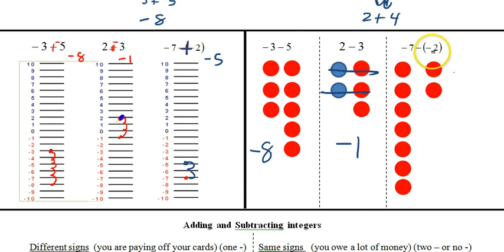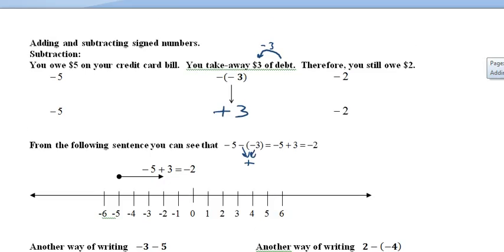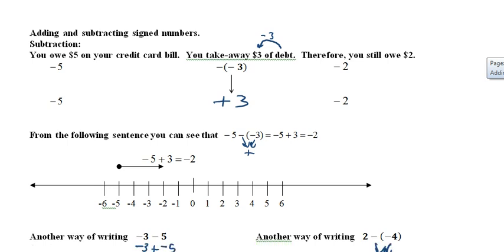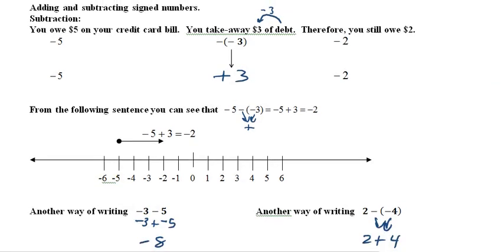Now, the one that gets a little tricky, we already know that if you subtract a negative, it's like taking away a negative. And if you remove a negative, it's a positive thing. Like, you have a bad person in the room. So, let's draw a bad person in a room. Well, he should be in red because he's bad. Okay, and what we're going to do is remove the bad person.